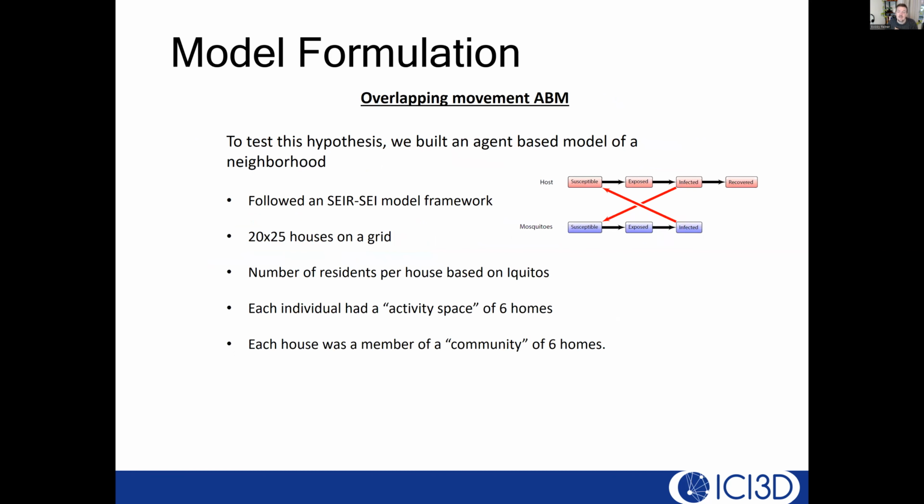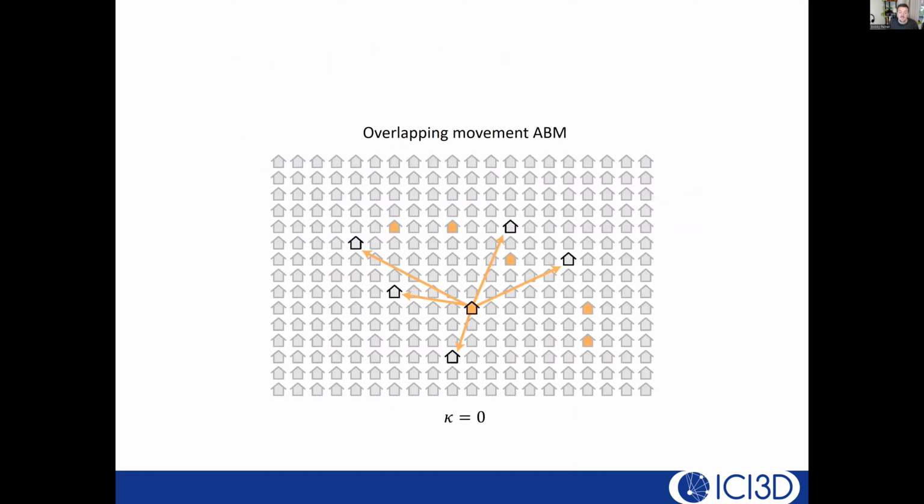So what we're going to do here is define the level of within-community movement by a single parameter. I had mentioned before, I visit 6 homes on average. I have 6 members of my social group or my family. And I could say, well, how many of the homes I visit are members of my family or my social group? And I'm going to govern that with a single parameter here. I'm going to call it kappa. So if kappa is set to 0, the orange homes are the homes that are members of my family. The homes with the black outline are the homes that I visit. In this circumstance, I visit none of the other homes within my family.